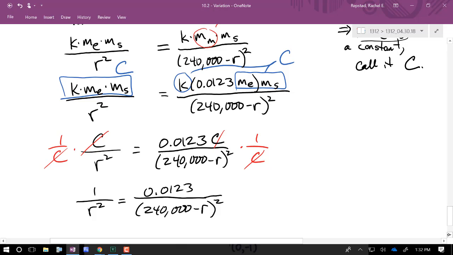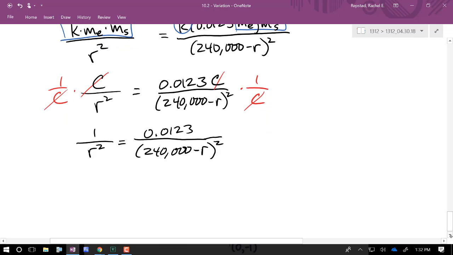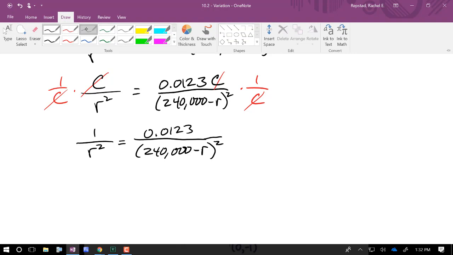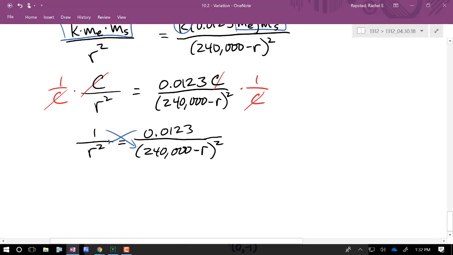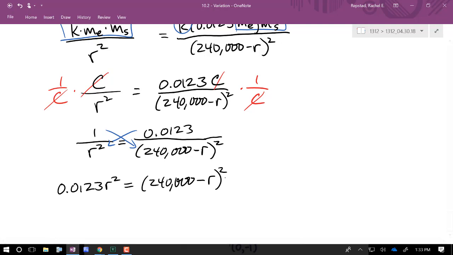I would say in this case it probably is easy enough just to go ahead and set the cross products equal to each other. So we get 0.0123 r squared equals (240,000 minus r) squared. This will be a quadratic equation, and there's more than one way to approach it.